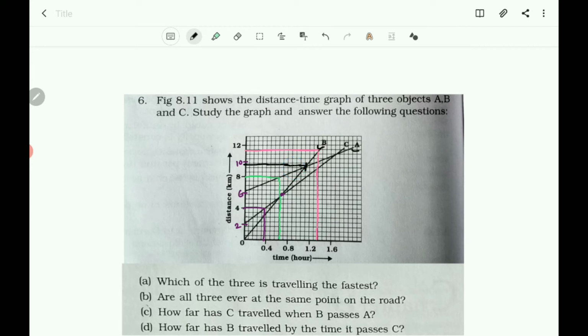If you find it exactly, it will be near about 9.6. And here there is graph C. So that becomes 9.6 minus 2, which is 7.6 kilometer.